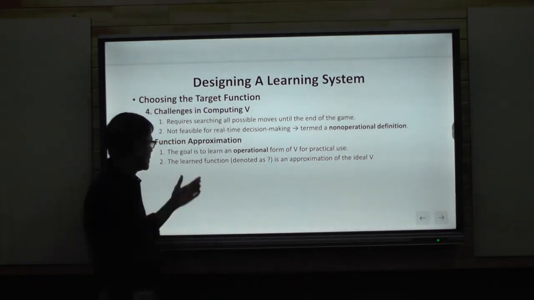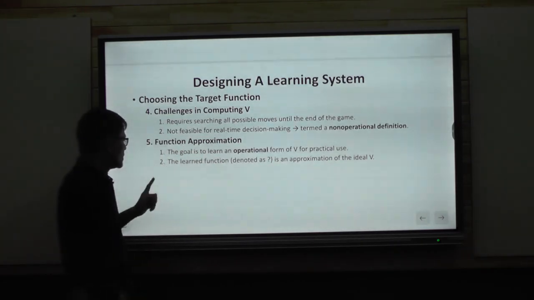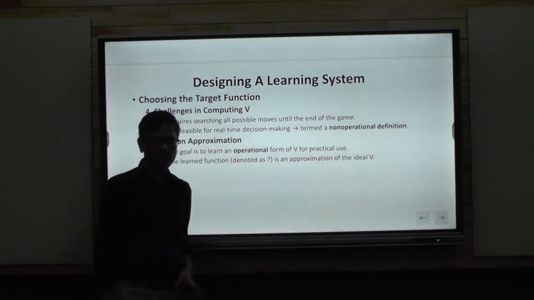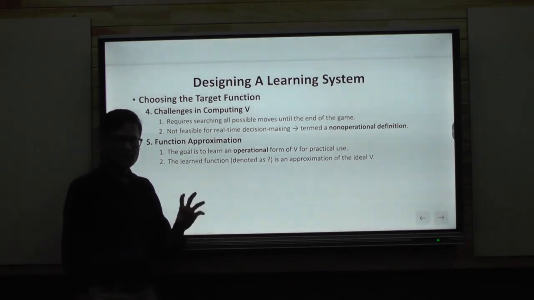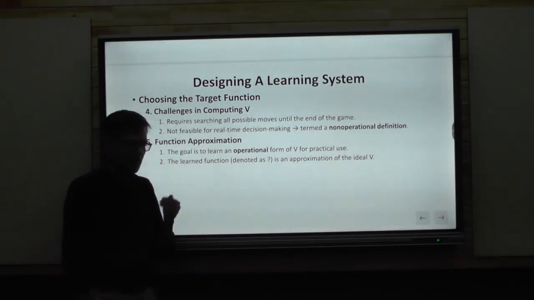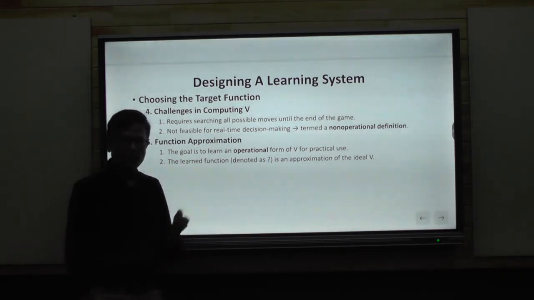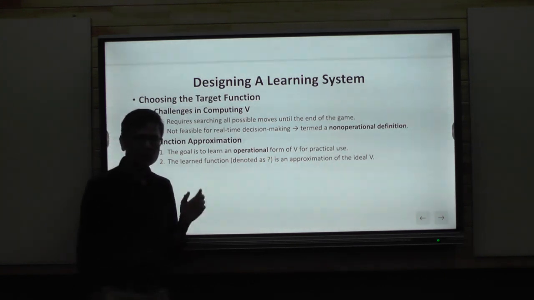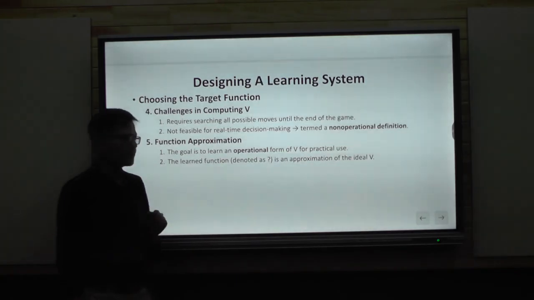Then we have to do function approximation. The goal is to learn the operational form of V for practical use. That is, practically we have to choose the best move under the given constraint, let's say time. We cannot take infinite time, or take 10 minutes for a move. The other player may get bored and can leave, so your learning task will be left uncompleted.